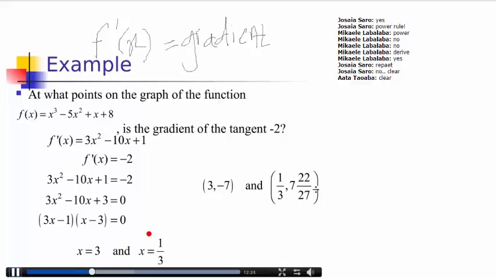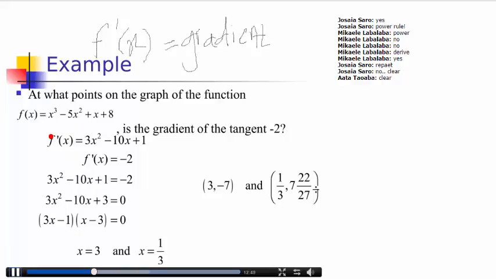Now, how will I find my y value? Will I be substituting this in f dash of x or in f(x) to get my y values? Because points are always in the form of x and y.